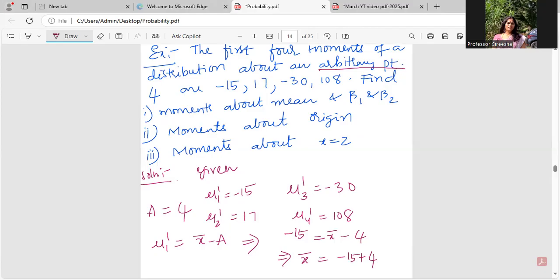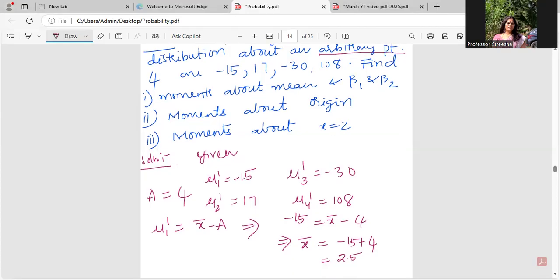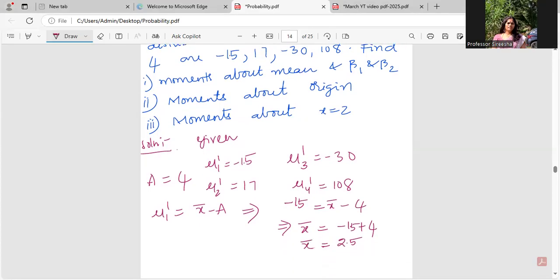I'm sorry, this is not 15, this is 1.5. So this gives me 2.5. The mean is 2.5. Now, to find the moments about the mean, the first moment I know is 0, as I mentioned earlier.